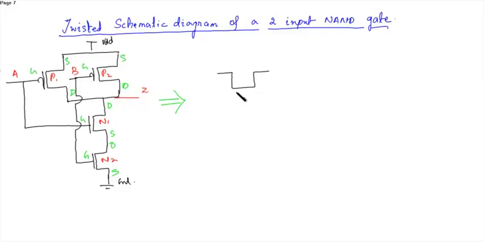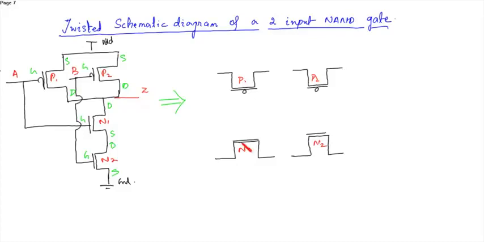This is P1, this is P2, this is N1, and this is N2. So I want to name them. It's P1, P2, N1 and N2.